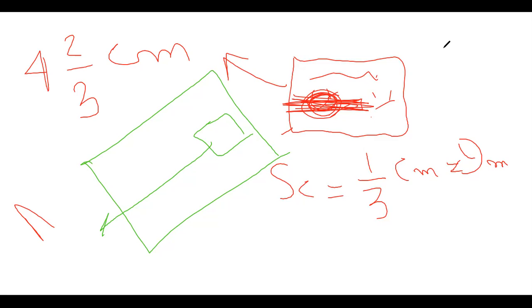So 4 times 3 is 12 plus 2, we get 14 by 3. 14 by 3 is the length of the hallway in the blueprint. Set up a proportion using the provided conversion: if 1 by 3 centimeter is 9 meters, then what should be the length of 14 by 3?